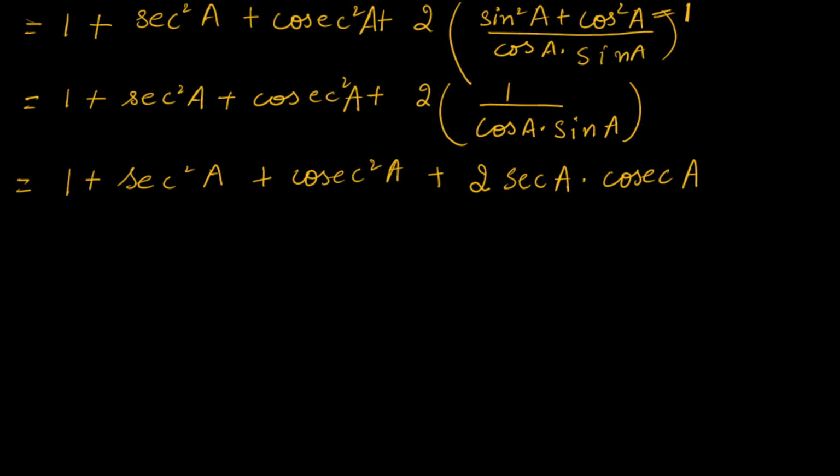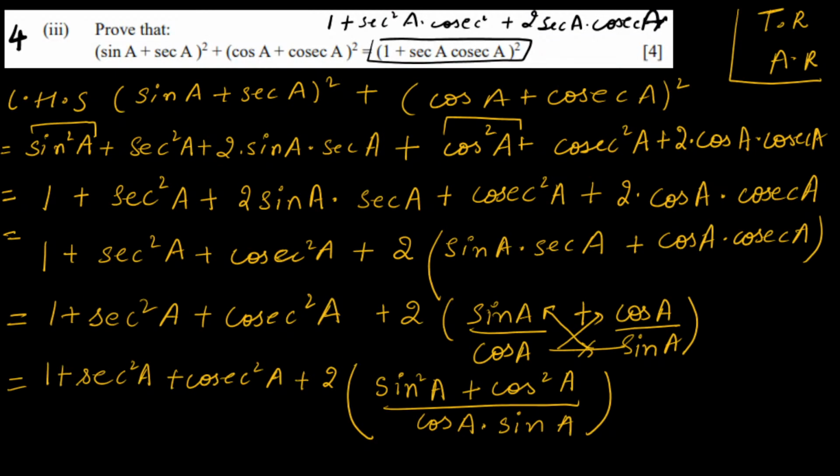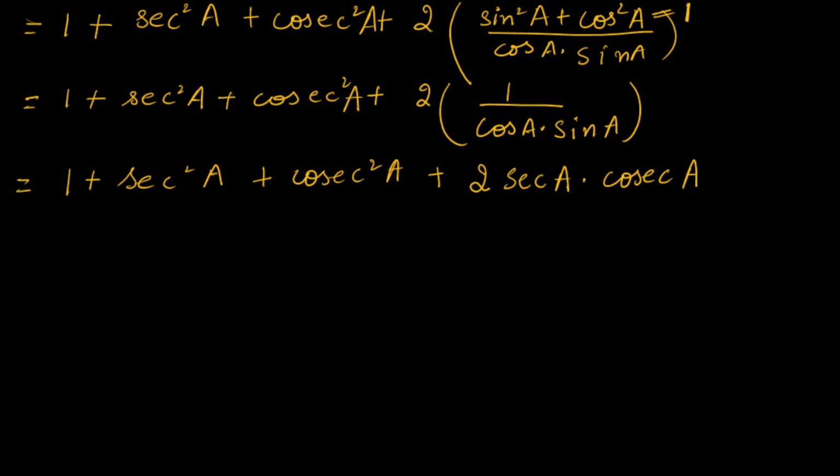Yes, very good, those who are answering. Now I told you, when we were seeing the right hand side, I need 1 plus secant A into cosecant A whole square. This again I am showing. If I expand it, I get 1 plus secant square A into cosecant square A plus 2 into secant A cosecant A. See, two terms we have already gotten: 1 and 2 secant A cosecant A. But now this part we have to work out.